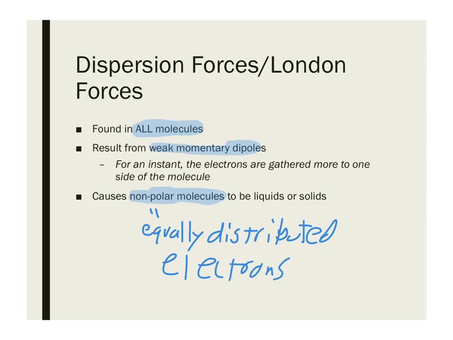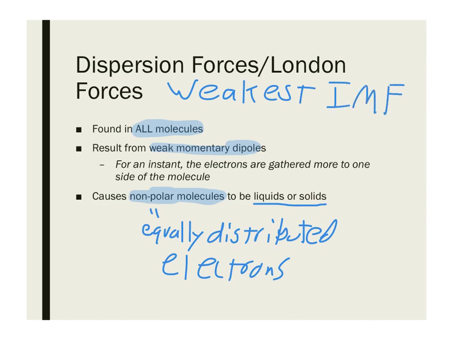It causes these nonpolar molecules to be liquids or solids by giving something holding them together. A lot of nonpolar molecules are gases. The ones that are liquids and solids occur because they have these London dispersion forces. These are also the weakest intermolecular forces.